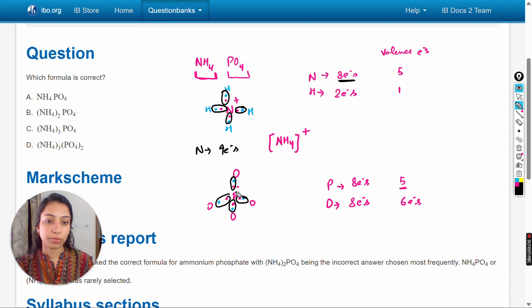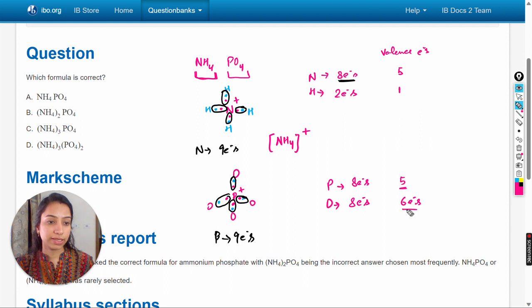So here are a total of 9 electrons around the phosphorus. Similarly here also, to complete its octet it has to lose this 1 electron. So here also phosphorus will have 1 positive charge.